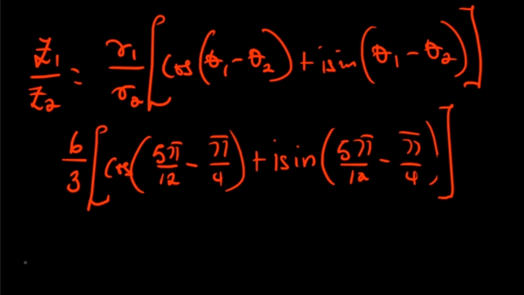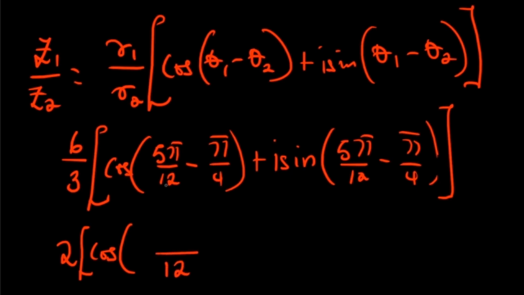Let's now evaluate them. We just have to get a common denominator. 6 divided by 3 again would give us a 2. So here we have a 2, and then we open our bracket and get a common denominator. We have a cos. The common denominator again between these two is 12. We have a 12 here.